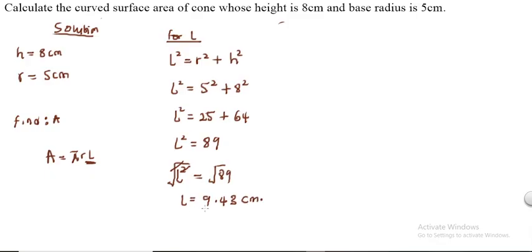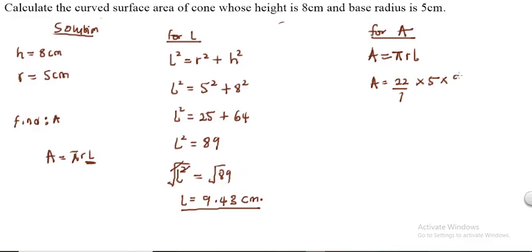Since I have found my value of l, I can now use it to calculate the curved surface area. The area is equal to pi r l. I'll use the value of pi as 22/7 here. So this will be 22/7 times the radius I was given, 5, times the slant height, 9.43, from this calculation.